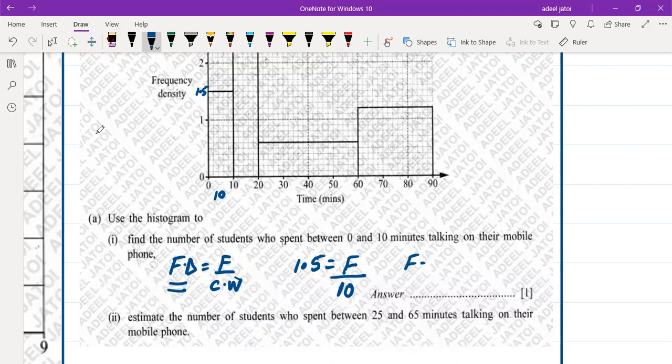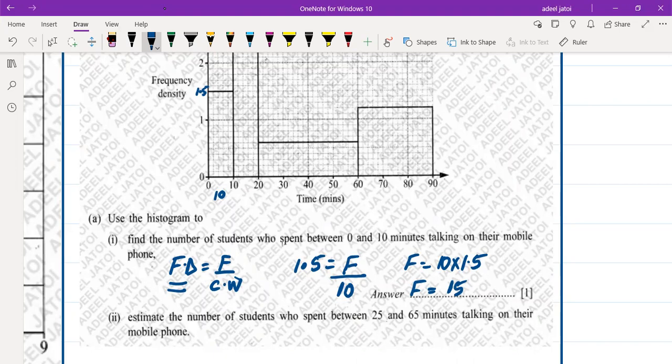So to find the frequency, 10 is multiplied by 1.5, and the frequency you get is 15. So that means 15 students used the phone between 0 and 10 minutes in the entire day.